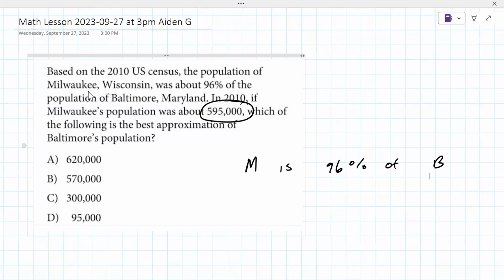No, M is Milwaukee. This is a comparison between two groups. Group one is 96% of group two. Group one is Milwaukee. Group two is Baltimore. So which is bigger, Milwaukee or Baltimore, based on this?